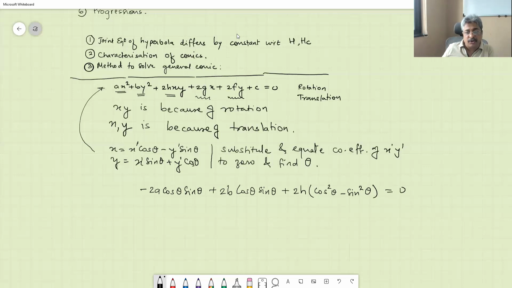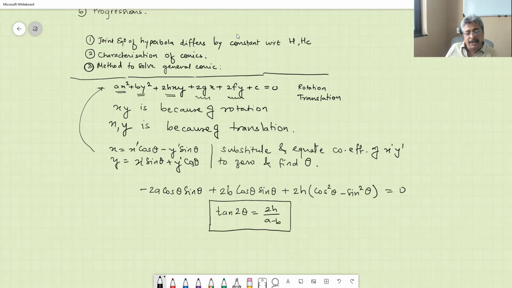If we equate this to 0, everything else is gone, and so I will not do the trigonometry after this. We get tan 2 theta equal to 2h upon a minus b. This is the condition that you get. If you find theta such that tan 2 theta is equal to 2h upon a minus b, and rotate the coordinate system keeping the origin at the same point, then your xy term will disappear.